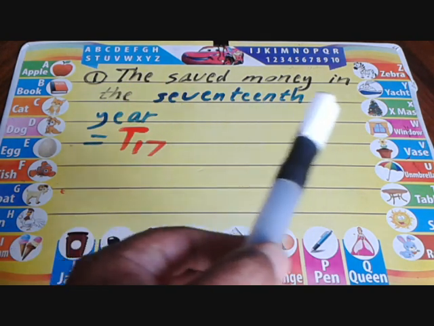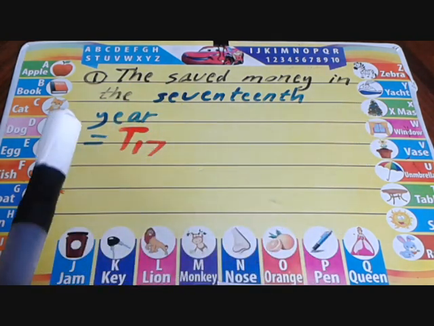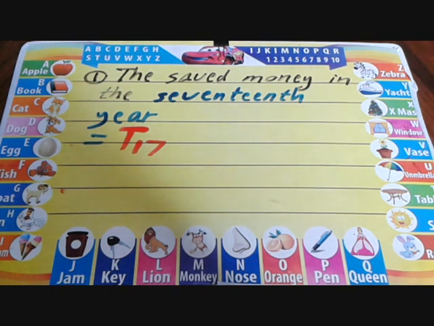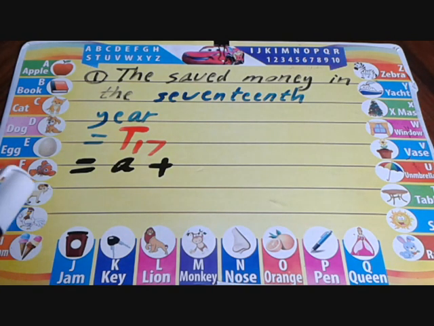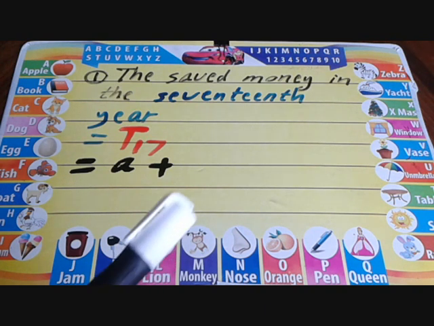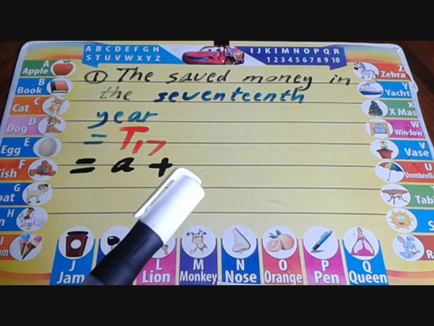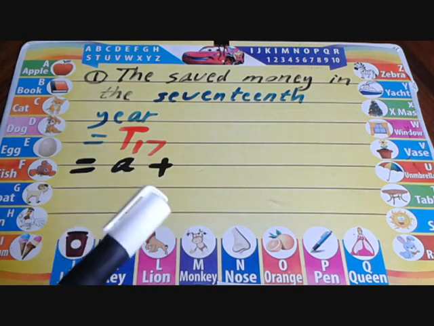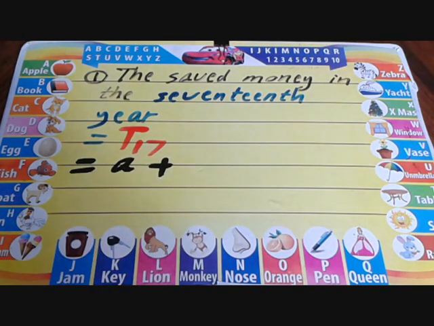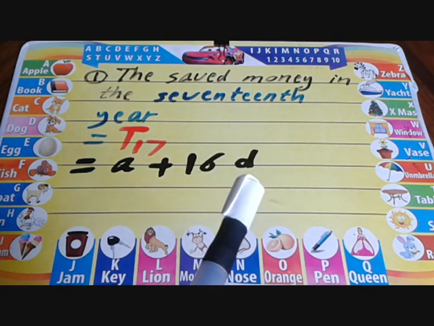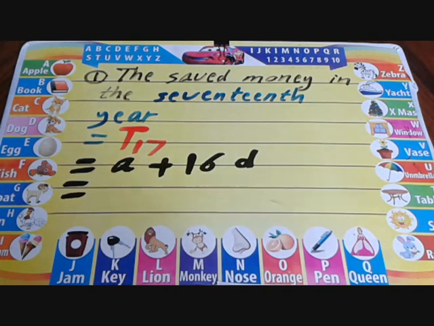The saved money in the 17th year equals T17, which equals A plus 16D.